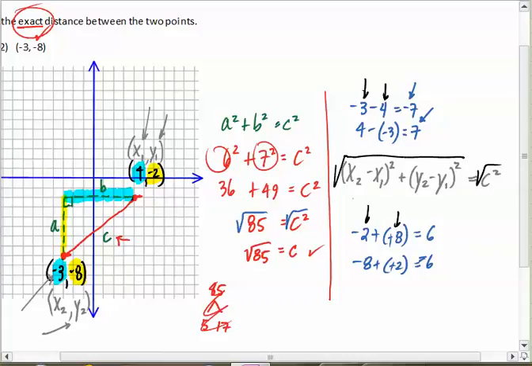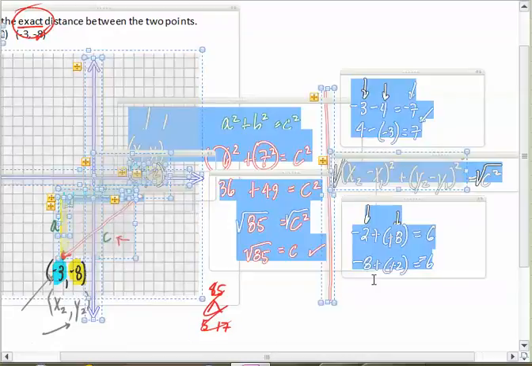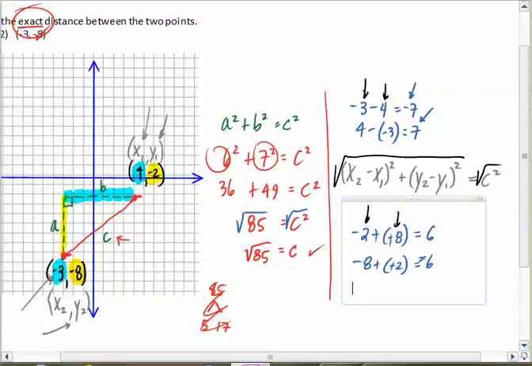Let me go ahead and write it for you. I'm actually going to make myself a little room here. I was going to move the 2 and the 8 information down a little bit, but that's okay. We're going to say this would be the distance, right?